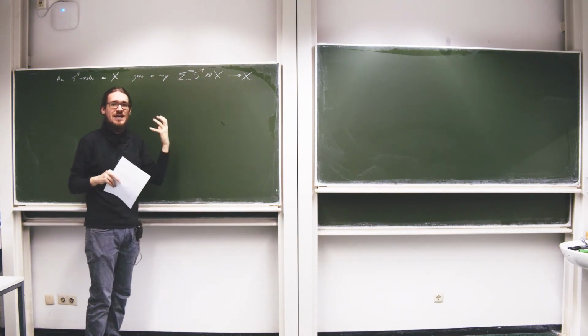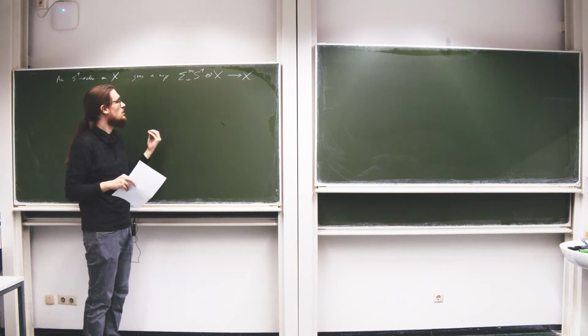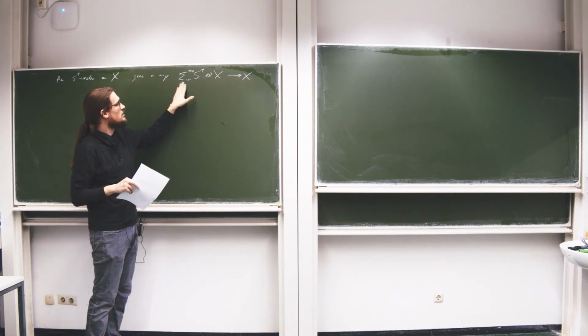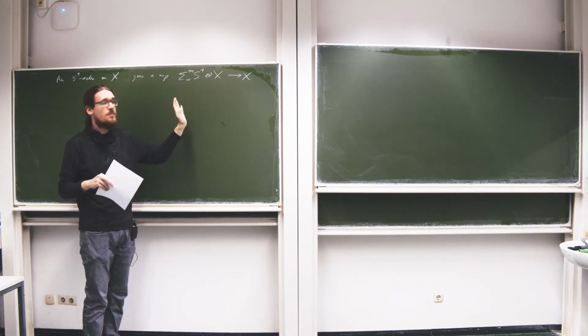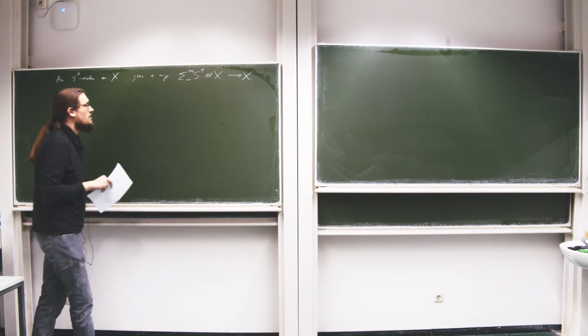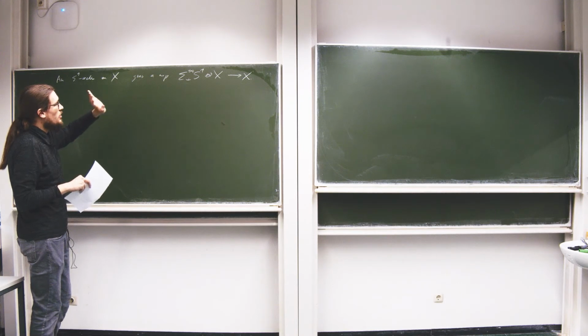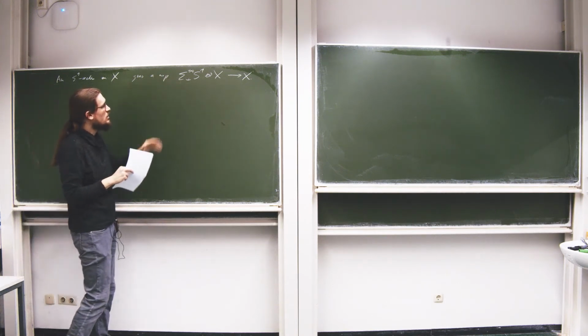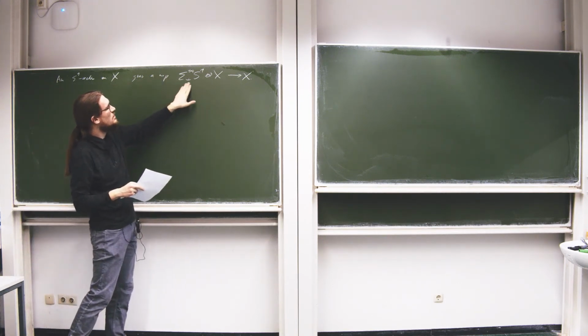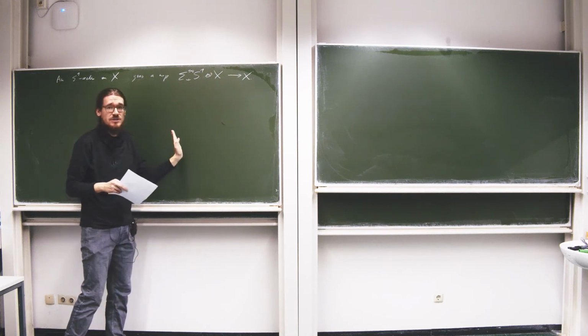And it turns out that S1 actions on spectra are the same as actions by this ring. I don't want to say more about that. Let's just take this for granted. But here it turns out that this guy is a spectrum that we can understand.